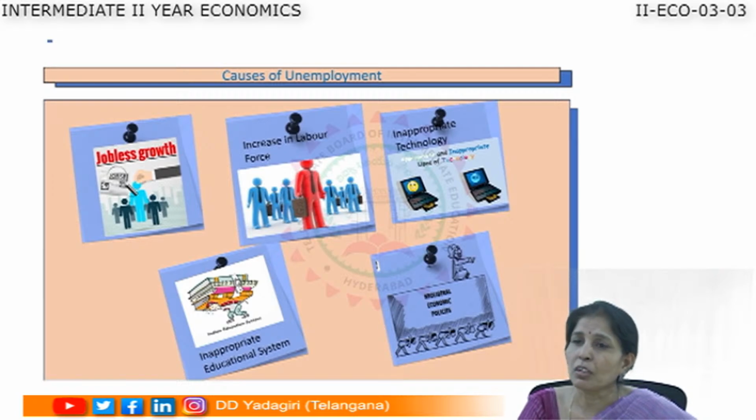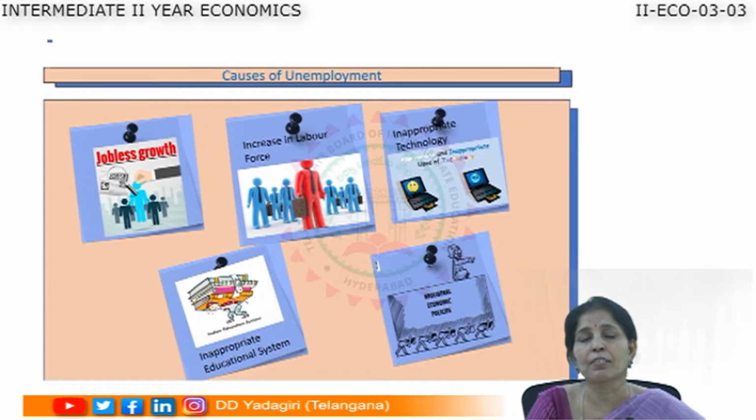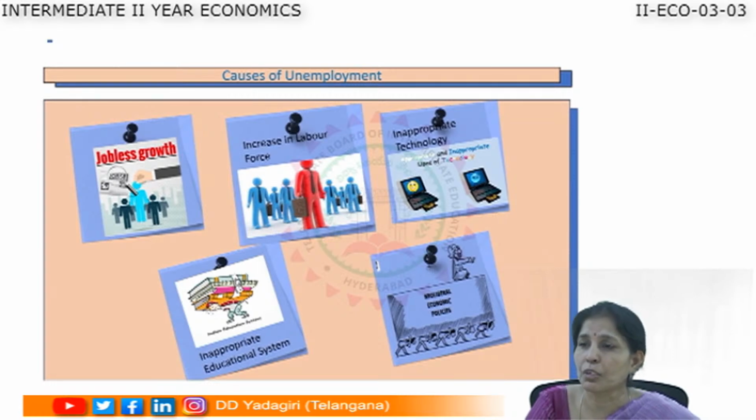So when we talk about jobless growth, the growth of the country, the increase in the trends in the national income and per capita income, we have seen right from 1950 to the present. We are witnessing an increase in economic growth, but that is not able to create sufficient employment opportunities, for multiple reasons. We are not able to exploit our resources.